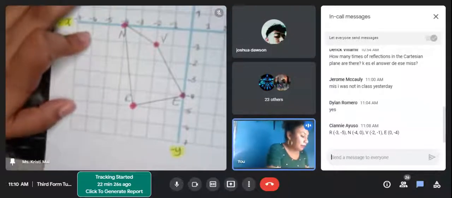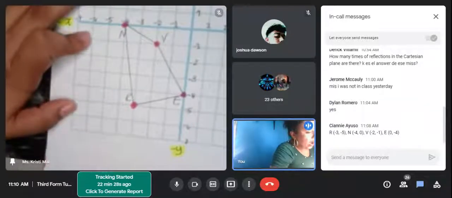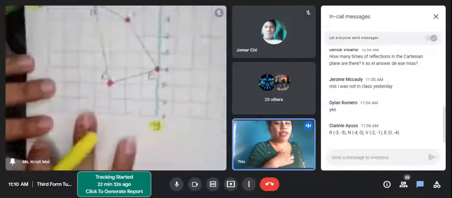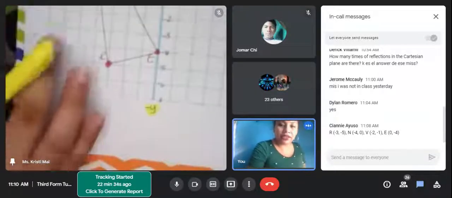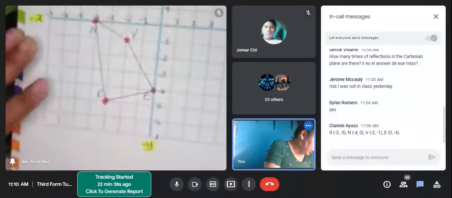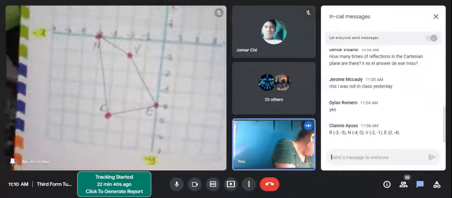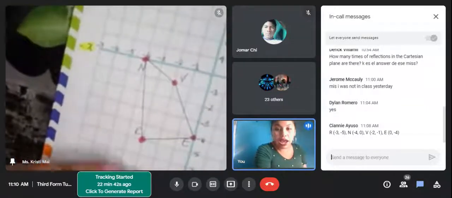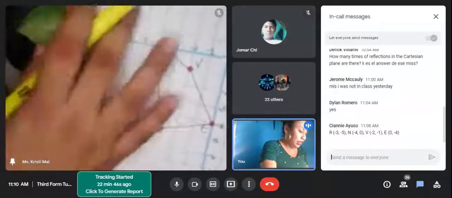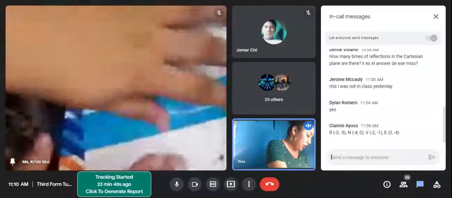Okay. So now what does that mean? The instruction says reflected across y is equal to negative 1. So now I need to draw that line, y is equal to negative 1.